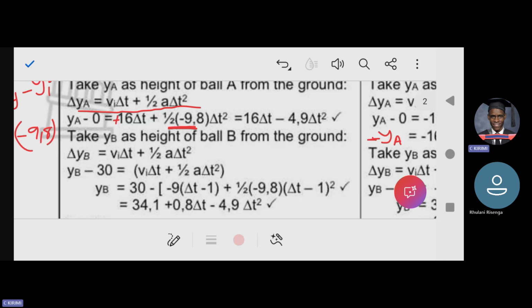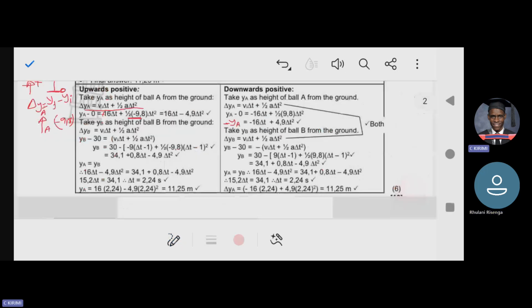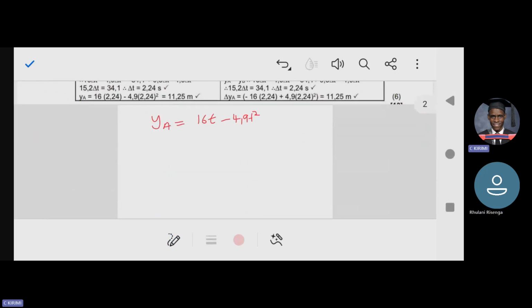Right, let's go to YB. We are still taking upward as positive. If you go to YB, the direction of B, the ball is here, projected downwards with a velocity of 9 meters per second.